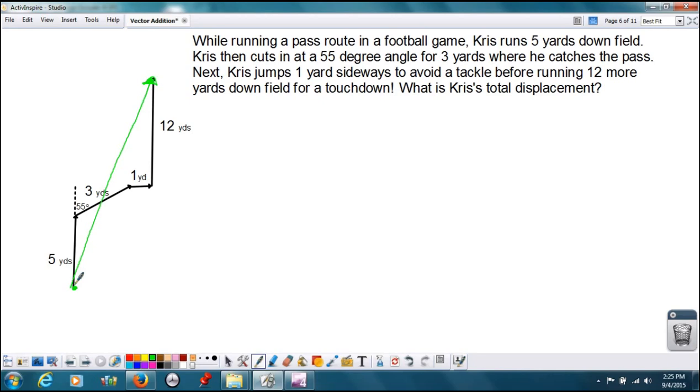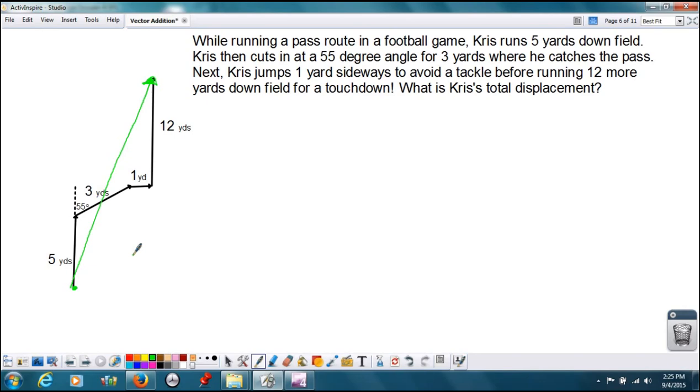When we were doing our other problems, it was nice because we had a right triangle and we could find the hypotenuse by just using Pythagorean theorem and then using a little trig to find the angle. This one, not so much. Okay, I still want to try to make a right triangle. That's my goal. If I can do that, I can find the hypotenuse. But I've got a lot of stuff here. So, step one, try to draw ourselves a right triangle.